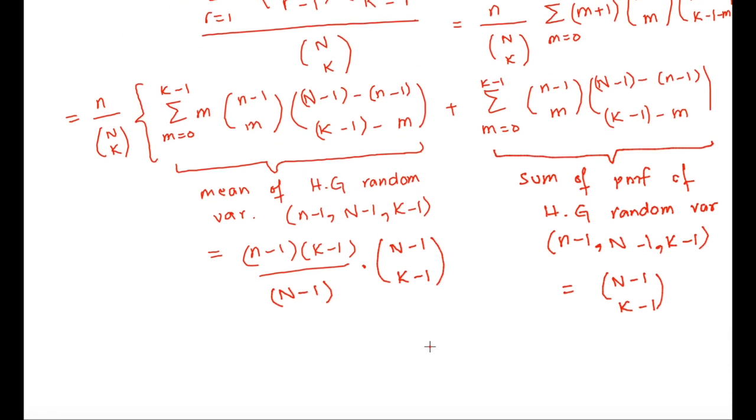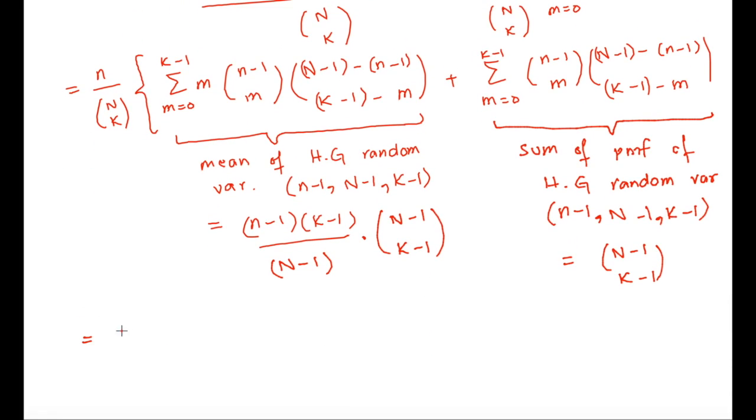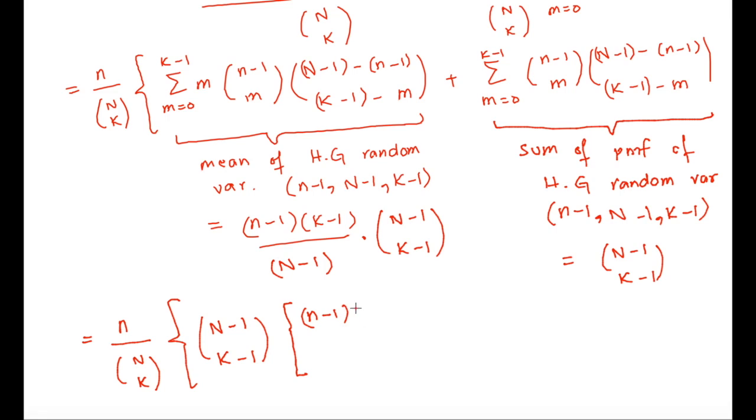Okay, so this means my second moment looks like this. I have n over n choose k, then I can say n minus 1 choose k minus 1, then again a bracket: n minus 1, k minus 1 over n minus 1, plus 1. Okay, so plus 1 is this guy.